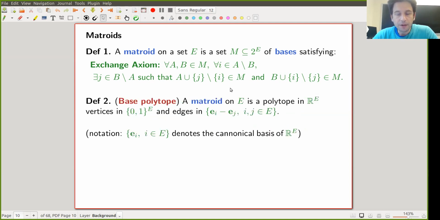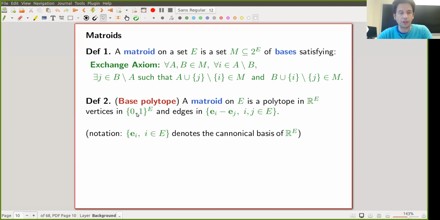Okay, now I want to present another way to look at this data. Sometimes it's going to be useful, instead of looking at the set of bases as sets, to see them as points, like 0, 1 vectors.